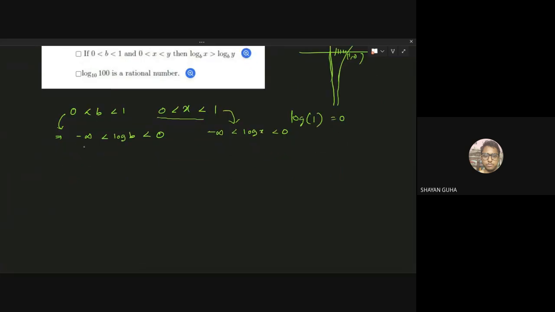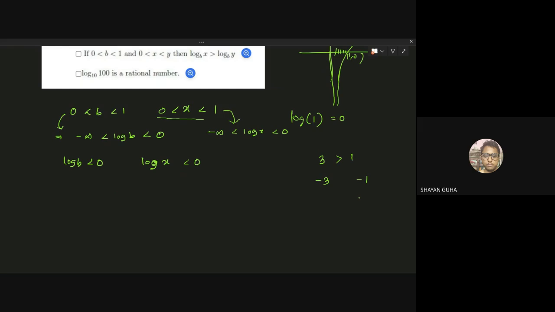I got two equations. One is giving me that log b is negative and log x is negative. I am not even interested in minus infinity. I can simplify and write log b is less than 0 and log x is also less than 0. Now just tell me, I have two numbers, 3 and 1. Clearly 3 is greater than 1, right? Now if I multiply both sides by minus 1, I get minus 3 and minus 1.